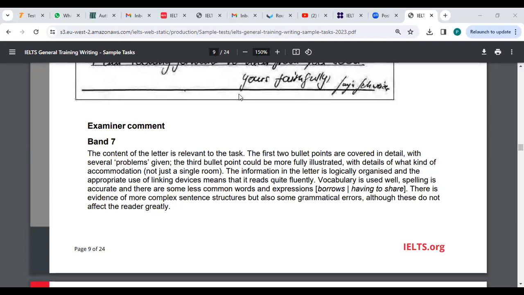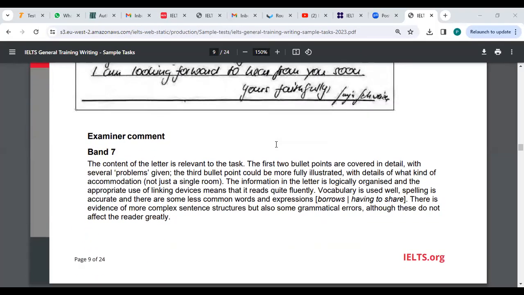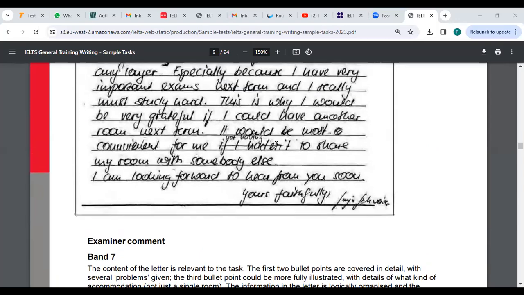For the academic test, the grading is a little more rigorous. For the general test, the grading is a lot more relaxed. Okay, so that is the first writing test you have seen, and the examiner's comment.